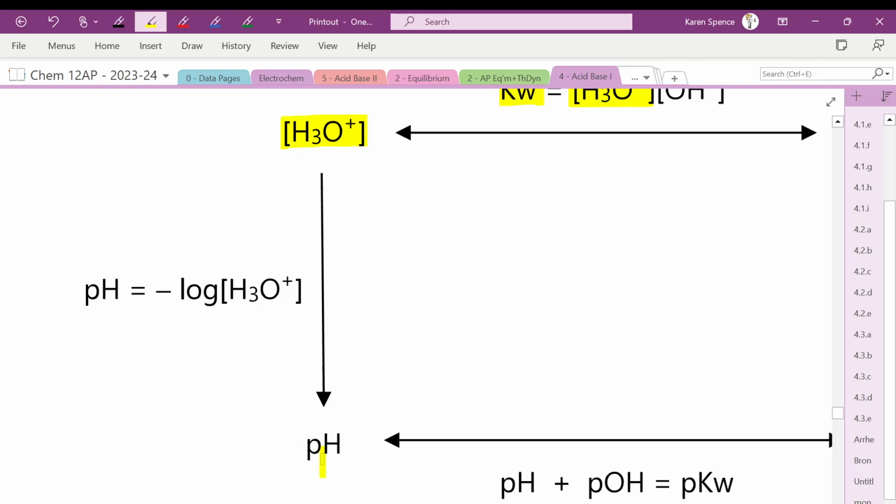That takes us down. Now, do you remember how we go back up again? How would we find the concentration of H3O plus given the pH? 10 to the negative pH.